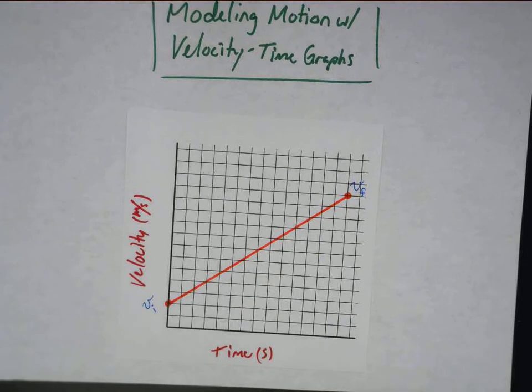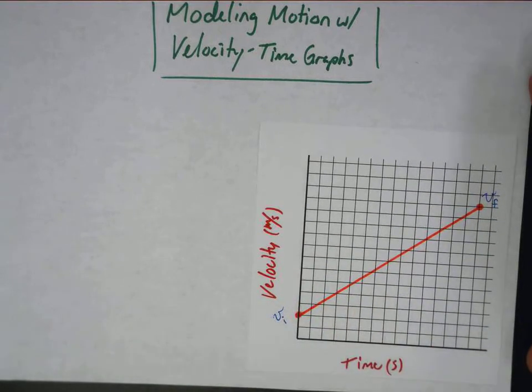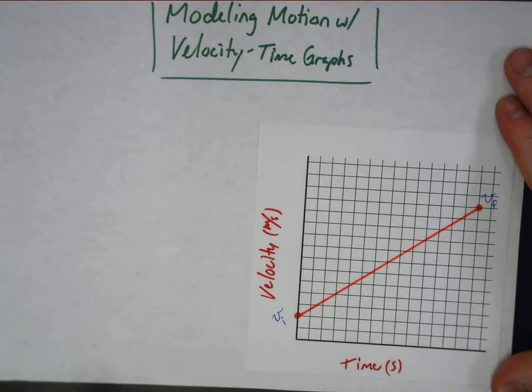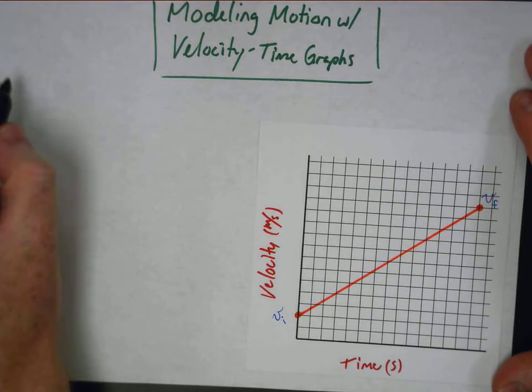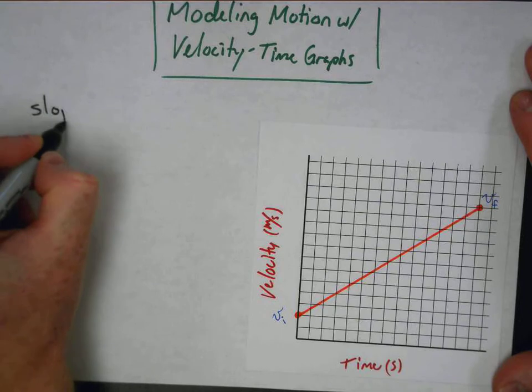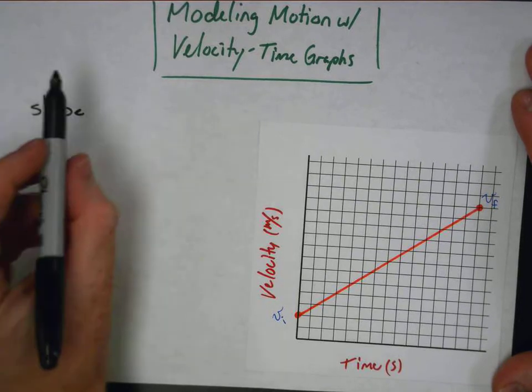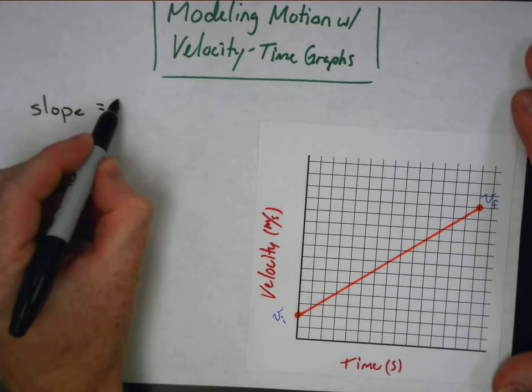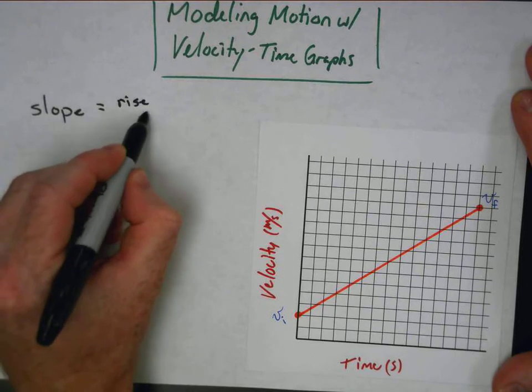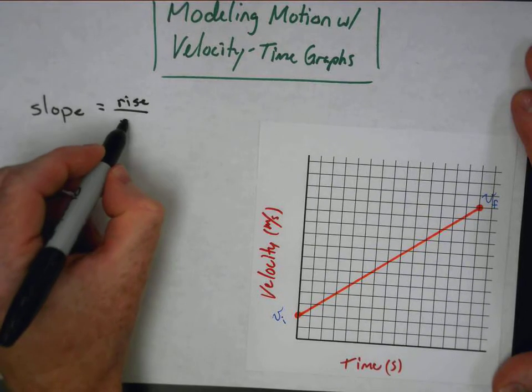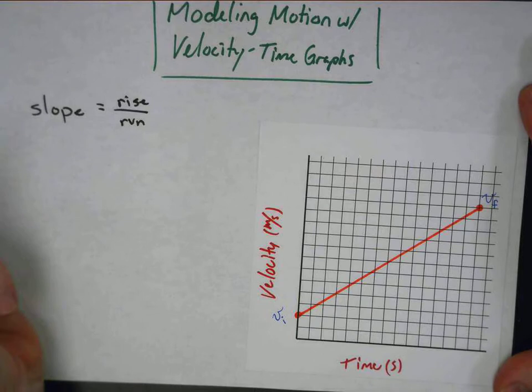Now, this is interesting though, because we have a linear graph. And anytime we have a linear graph, of course, we can talk about the slope of that graph. Talking about the slope is always rise divided by run, as you'll recall. In this case, what is our rise?